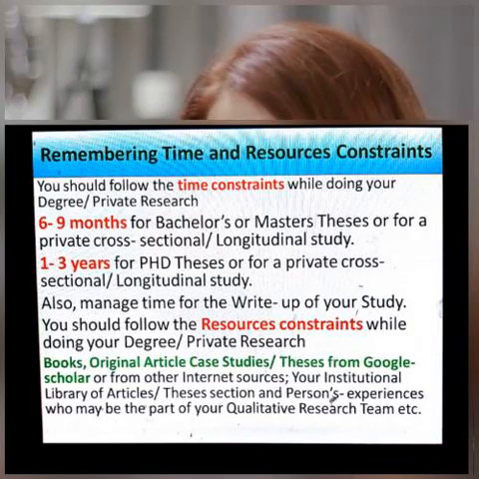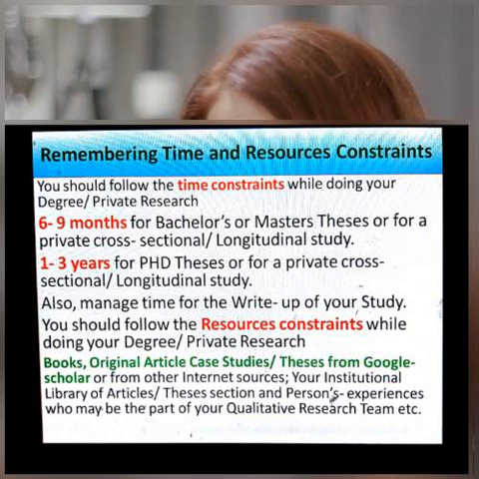So now you know how to start a qualitative study, how to choose a topic, how to choose a qualitative method of your study, the data collecting method, and how to choose the field settings or the population for your study.